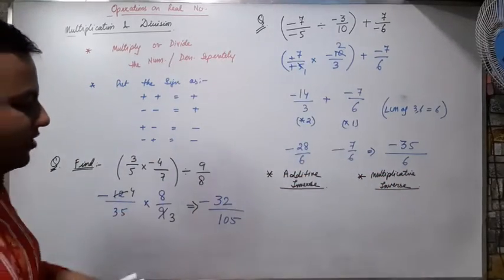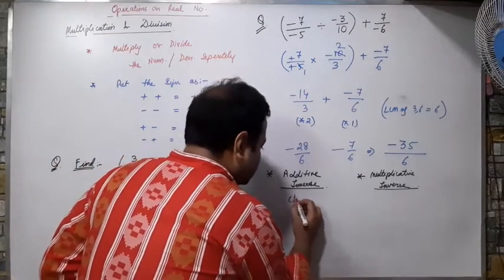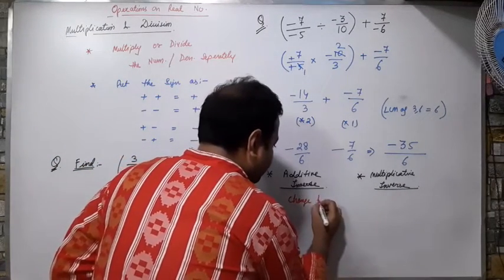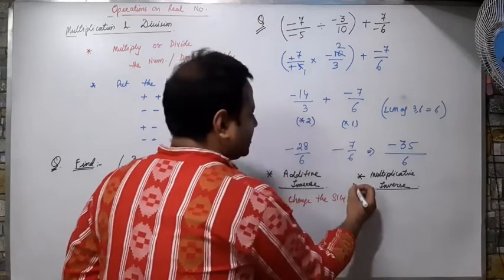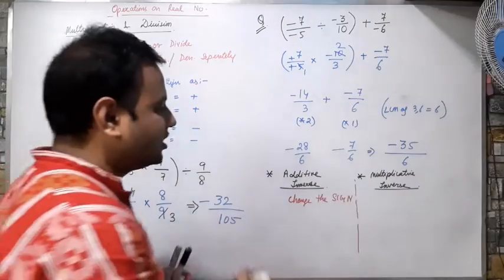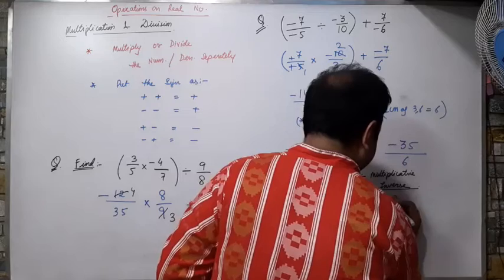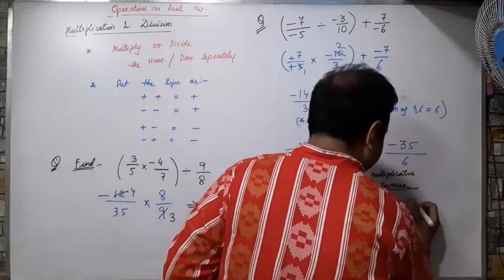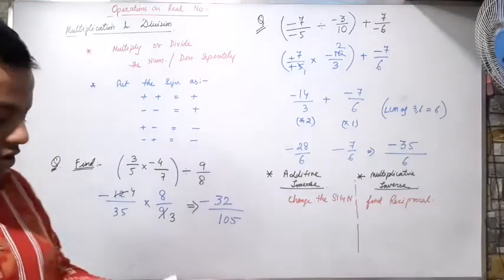What is additive inverse? To find the additive inverse of a number, change the sign of the rational number. Just change the sign. And for multiplicative inverse, you have to find the reciprocal.